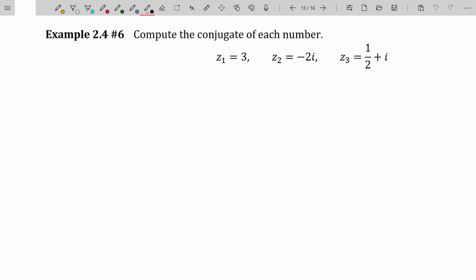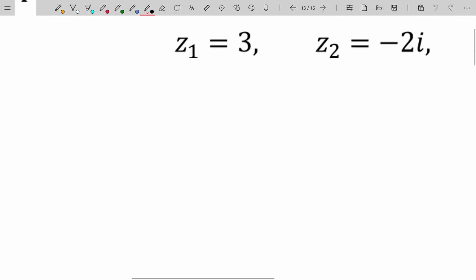As our final example, we're just going to compute some conjugates really quickly. Each of these has a very special result. So for example, z sub 1, if we want to know its conjugate, well, remember, if the original number was 3 plus 0i, the conjugate will be 3 minus 0i, or in other words, just 3. So the conjugate of a real number is the real number itself.